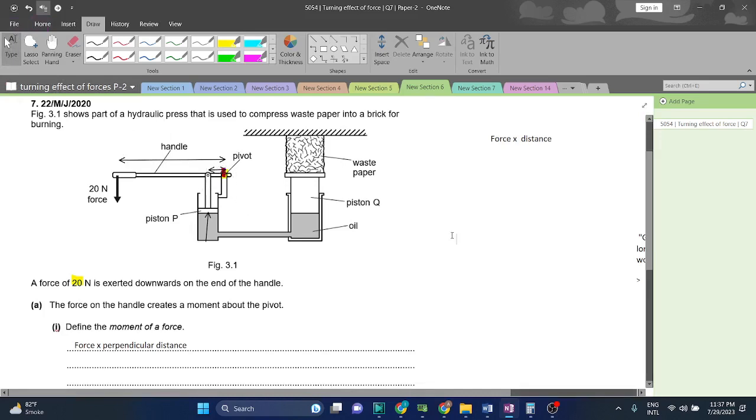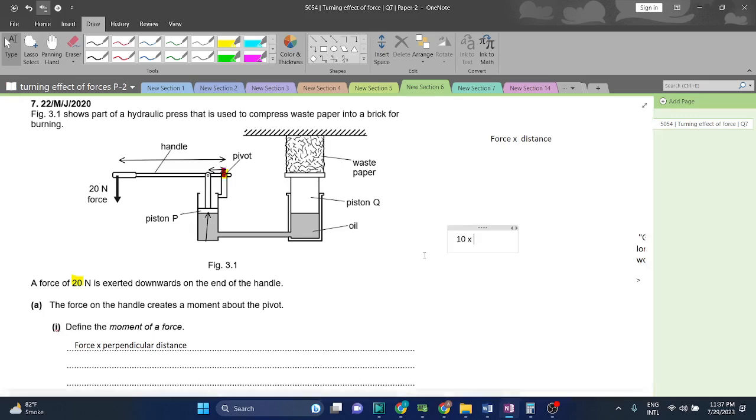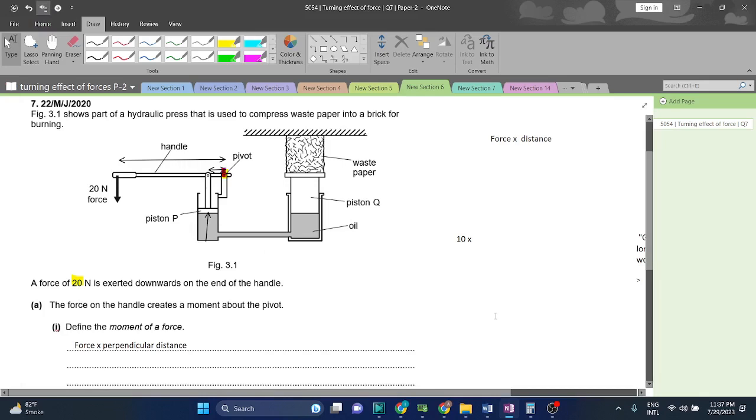तो हम clockwise को anti-clockwise रख देते हैं. 10 into, let's label this as F. 10 into F will be equal to the anti-clockwise moment, which will be 20 into 50. Achha, this will be 1000.